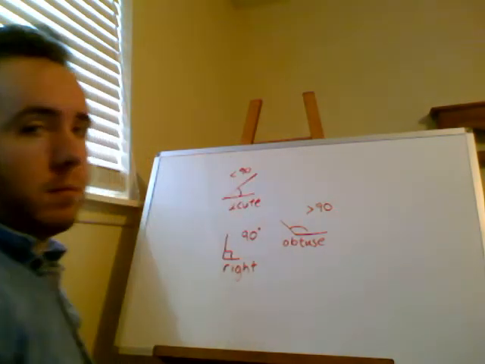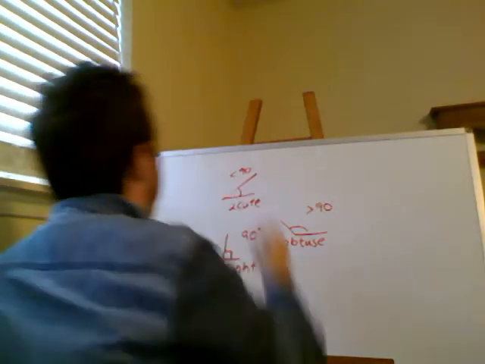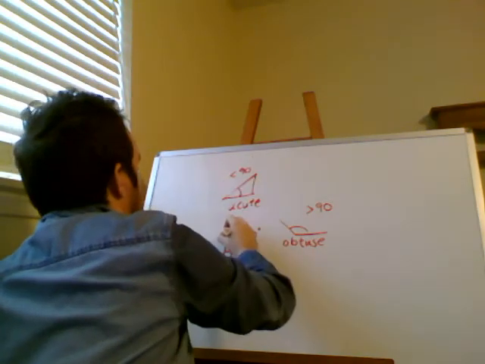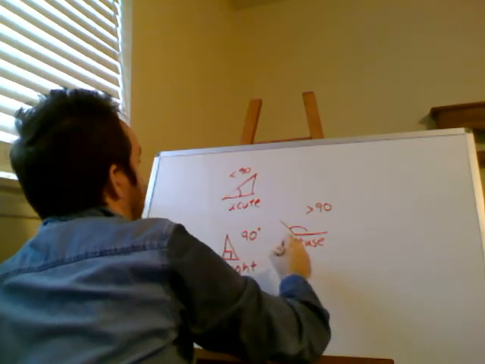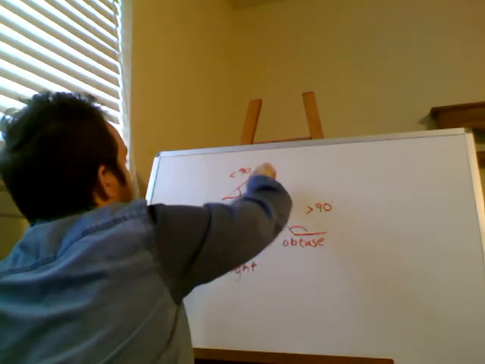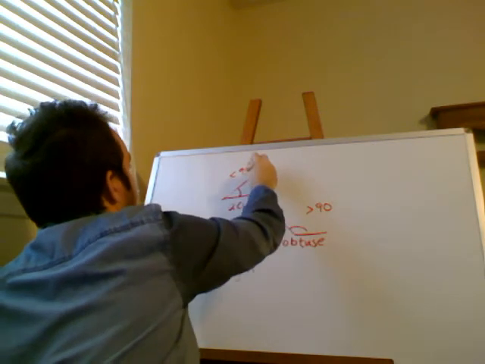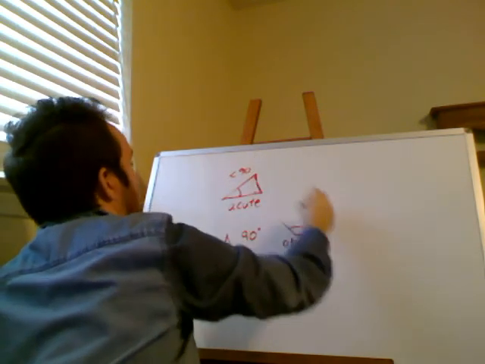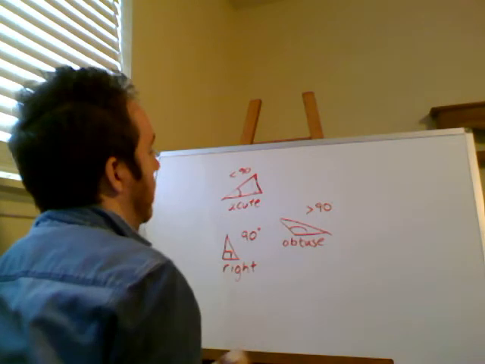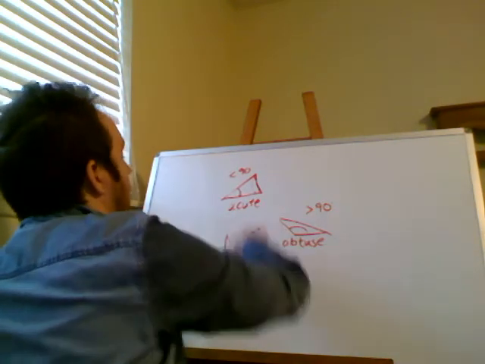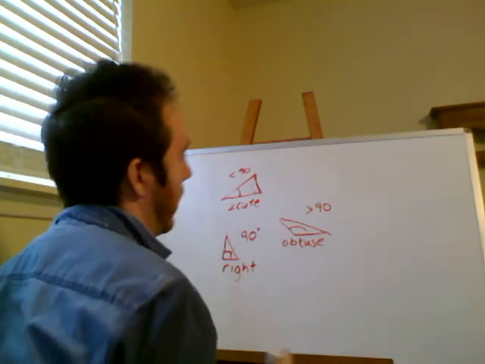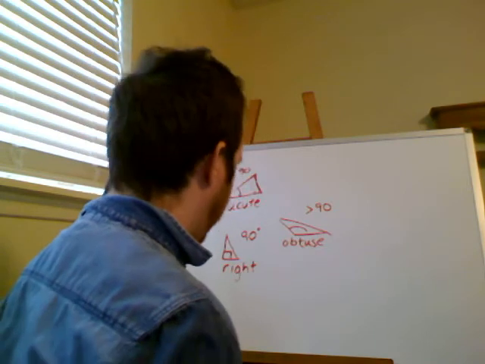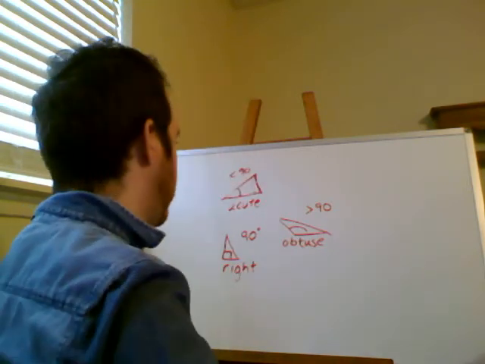Okay? Now, we can connect these up to make a triangle. Well, this one actually has to be more careful. Okay? So now we have an acute triangle, a right triangle, and an obtuse triangle. And that's one way to identify those shapes.